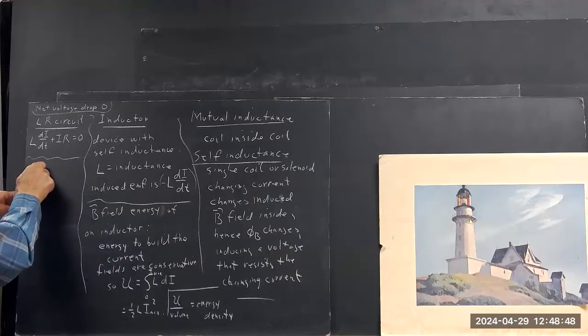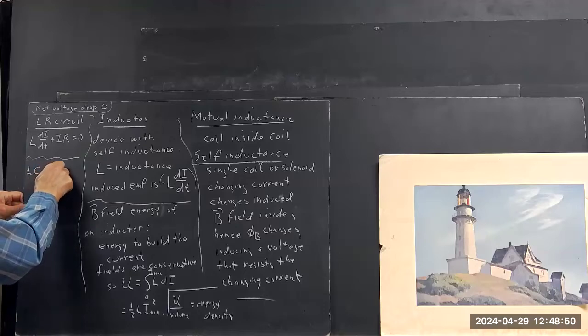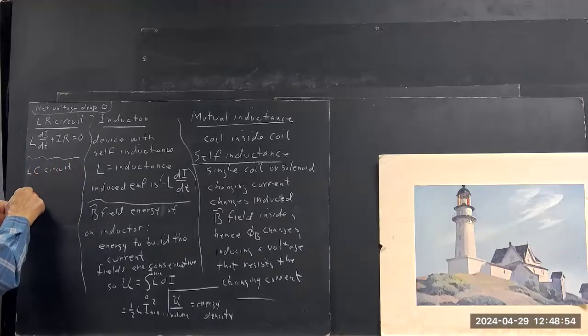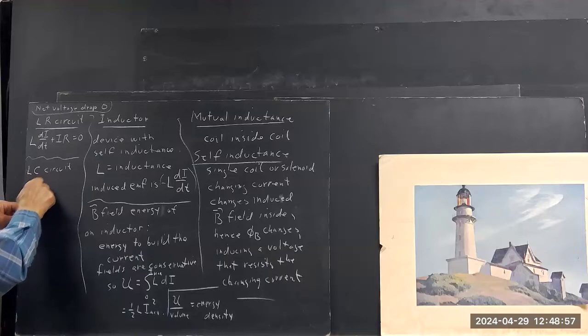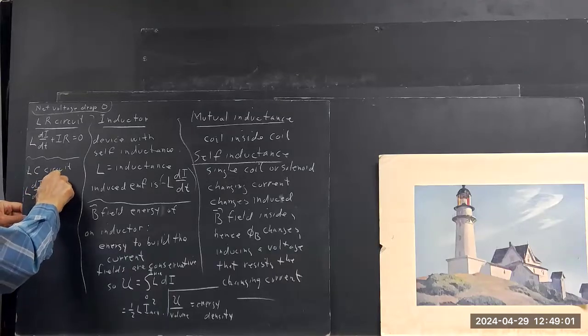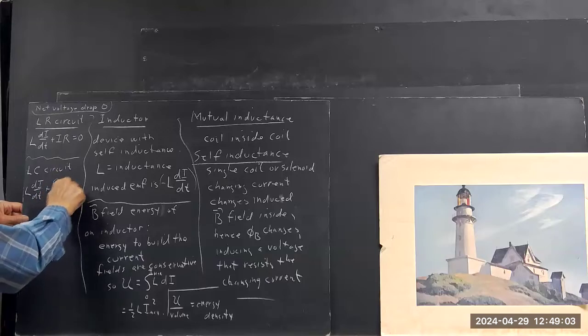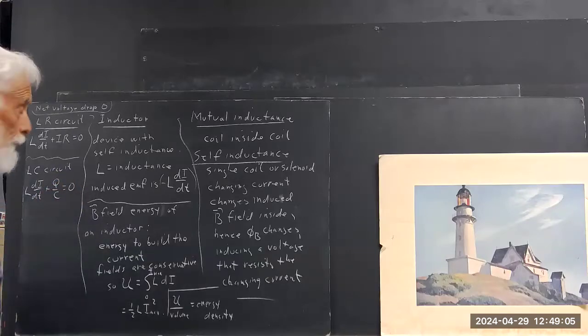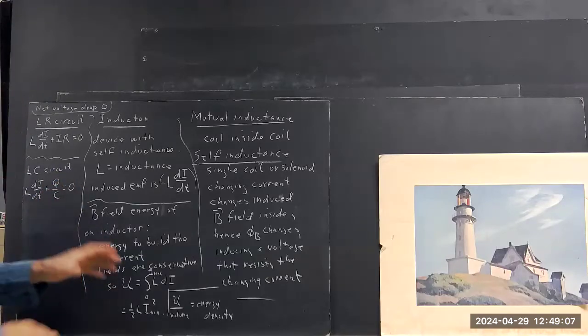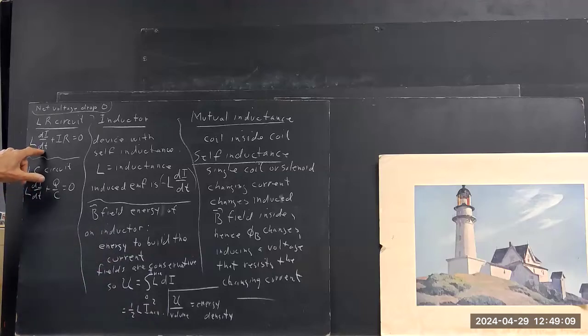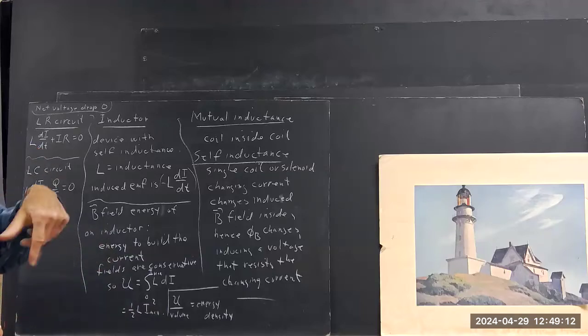LC circuit. You have L di/dt plus Q over C equals zero. Now this is what happens. Let's just say that we've got an inductor and we've got it charged up and now we've got a current in.